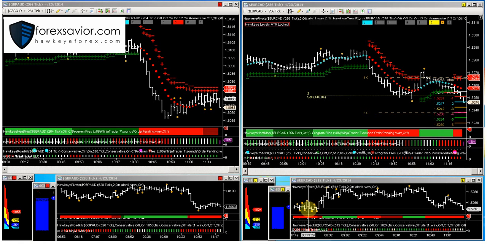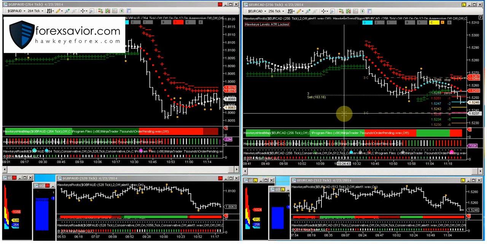And again, when we are using the blue gear changer speed, which is the fastest speed we use, when we're using 2, our targets are 4 ATRs, and we just take the entire position out at a single take profit point.